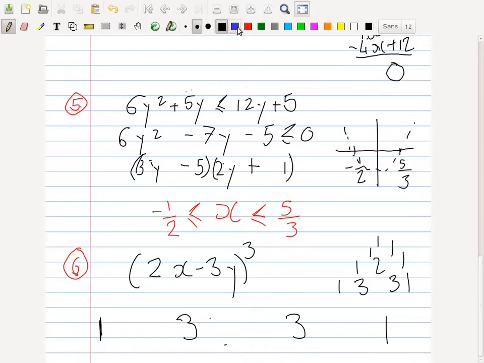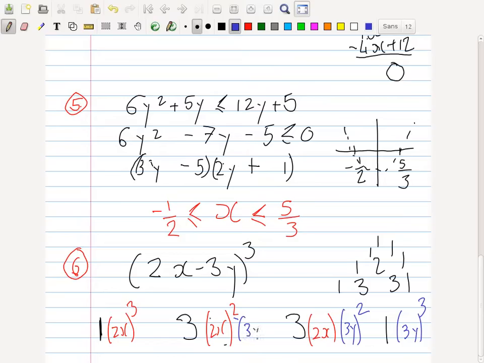If you remember how these work, you start off with 2x to the power 3, 2x squared, then 2x. And at the back, 3y cubed, 3y squared, 3y, nothing. And lastly, the signs: negative here means positive, negative, positive, negative.